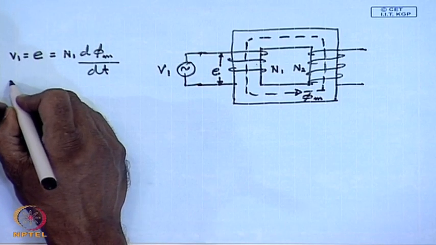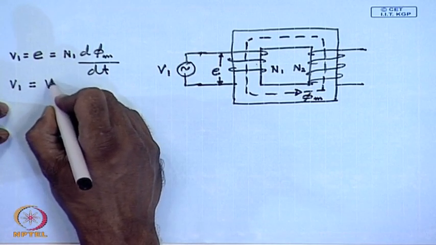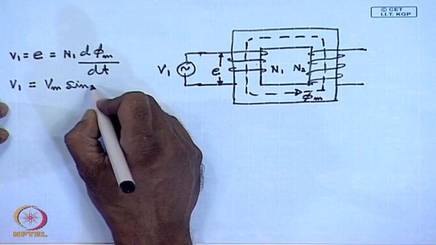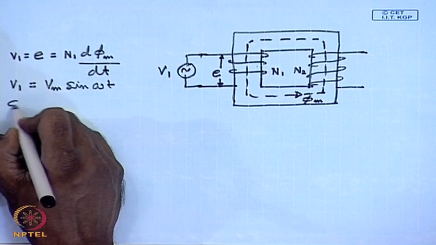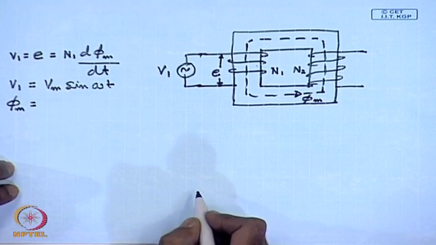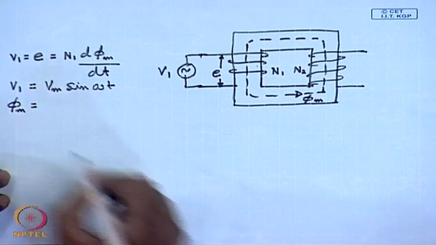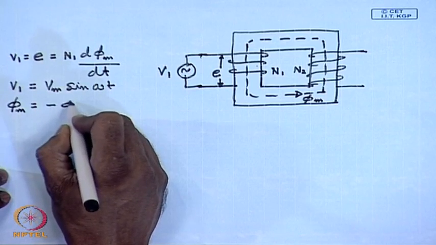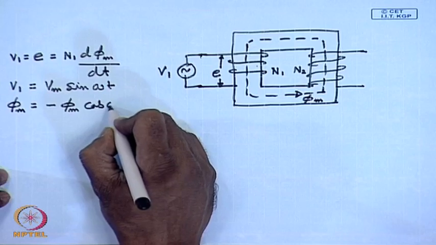Now, if V1 equal to, let us say, Vm sin omega t, we know phi m will be lagging V1 and E1 by 90 degrees, and it will be given by minus phi m cosine of omega t.